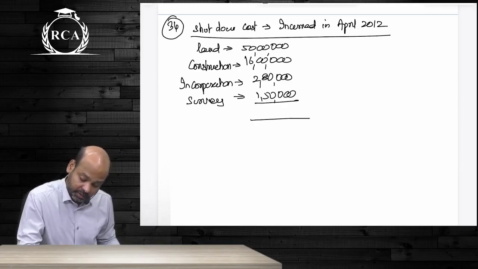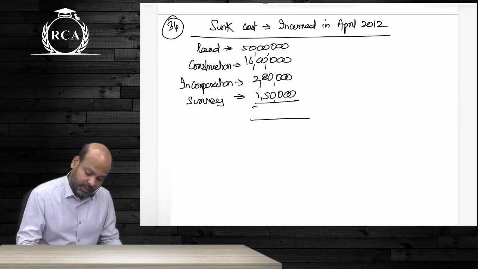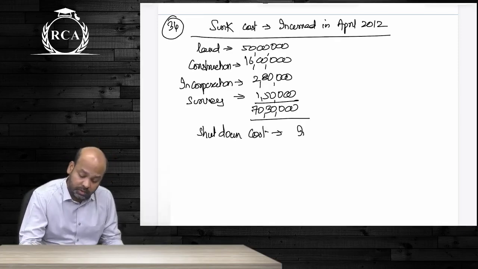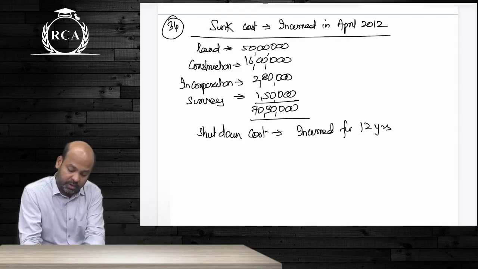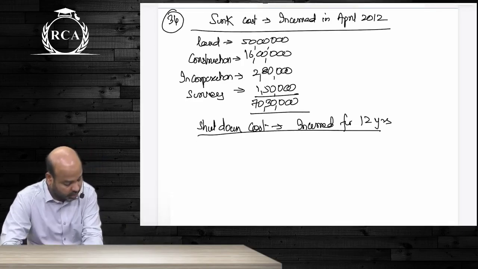Sorry, this is sunk cost. 70 lakhs 30,000. Shutdown cost is incurred for 12 years. How much is your shutdown cost?